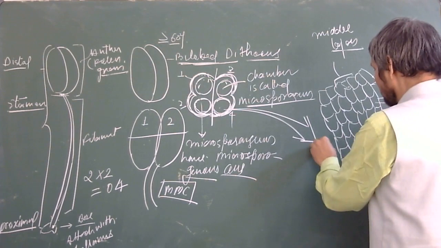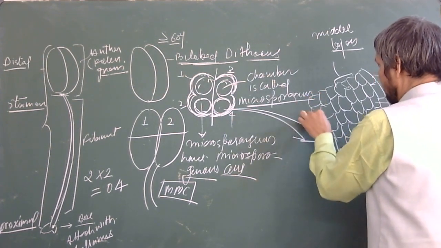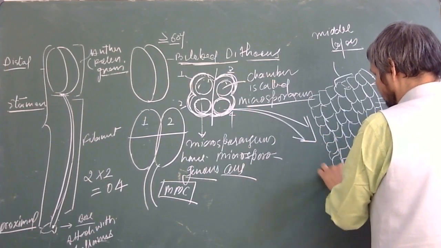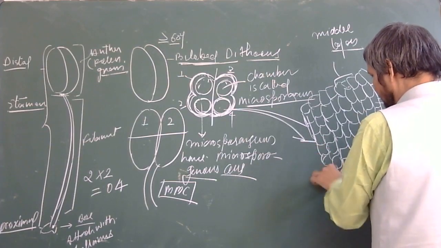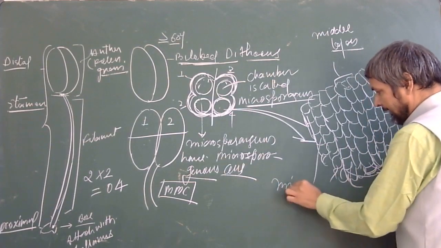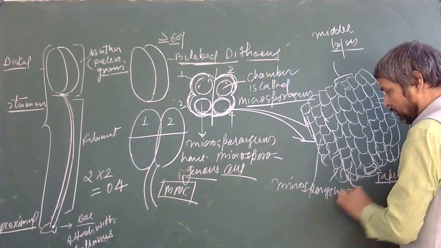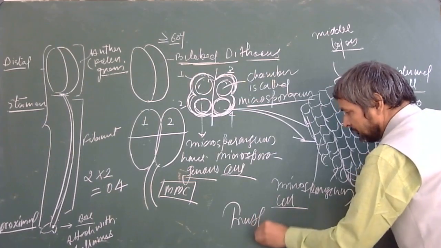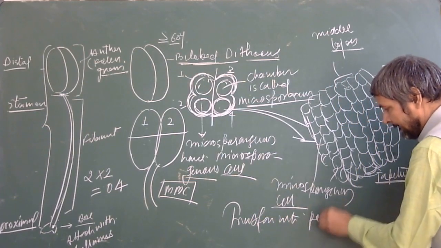And below the tapetum, sporogenous cells, or microsporogenous cells, are found, filling the space. These microsporogenous cells later transform into pollen grains.